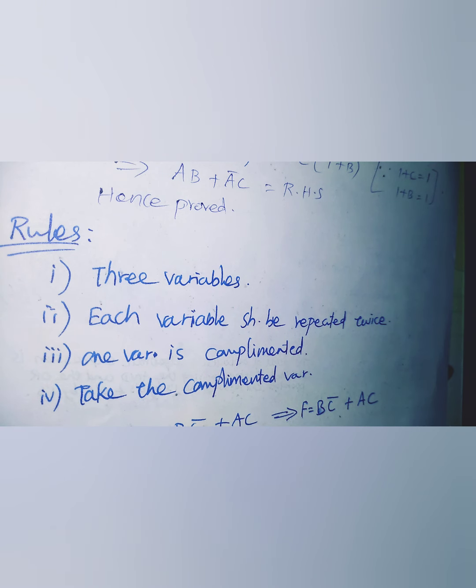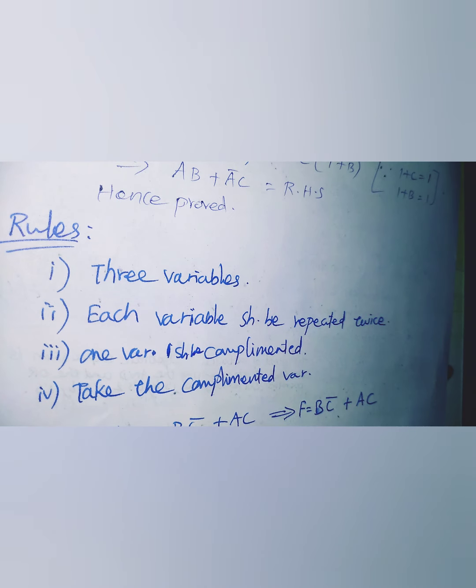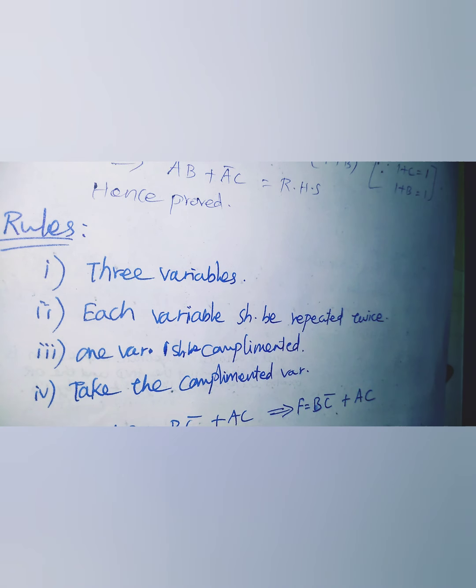Then one variable should be complemented. Then finally take the complemented variable. By accomplishing these 4 rules you can prove the left hand side and right hand side.